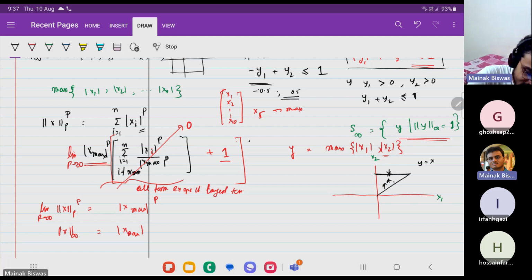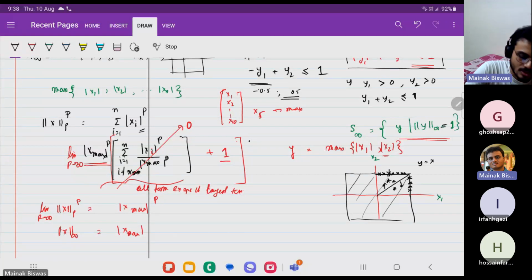Above the y equal to x line, it will be x2. And anything below the y equal to x line will be x1. So if you put the norm equal to 1, you will only be left with these points. So wherever the maximum component is 1, if you are putting a less-than sign, you will have this entire box.